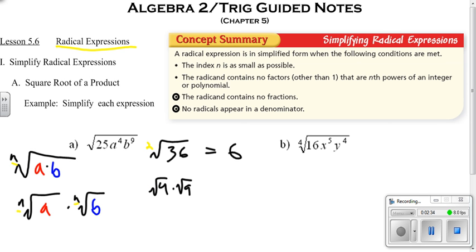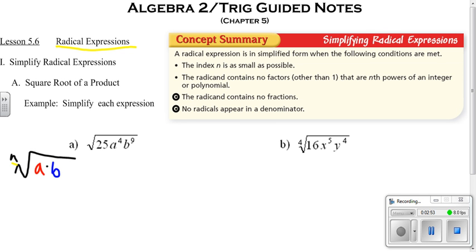We broke it down into the square root of 4 and the square root of 9. And we know the square root of 4 is 2, and the square root of 9 is 3. So 2 times 3 is then 6, which was the same as what we had before. So that was just a little example to show our product rule.